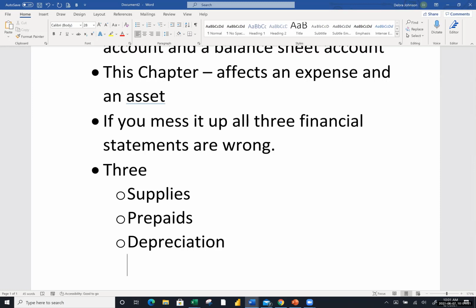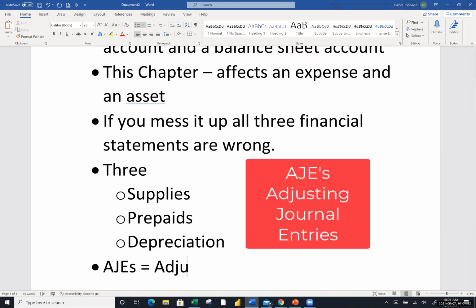So the focus of chapter 5 is on adjusting journal entries. That was another thing I wanted to get into your notes. I said it, but I want to get it into your notes. AJEs means adjusting journal entries.